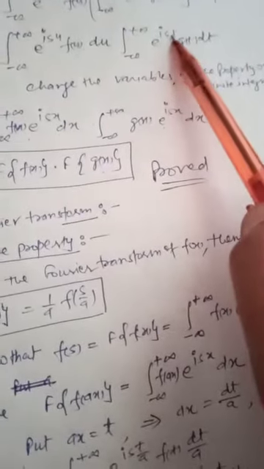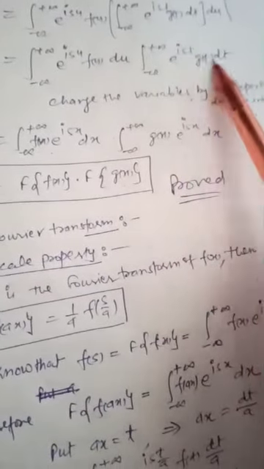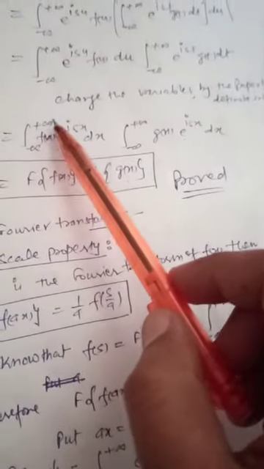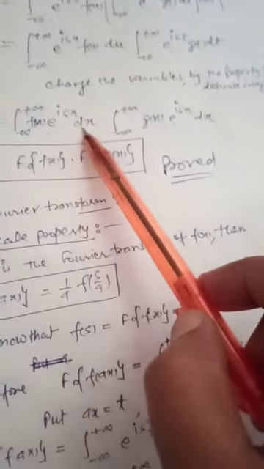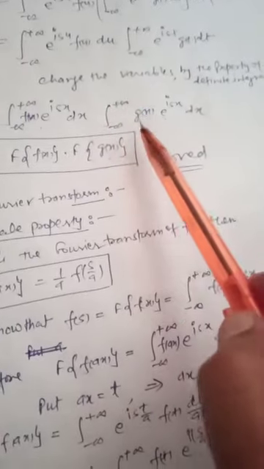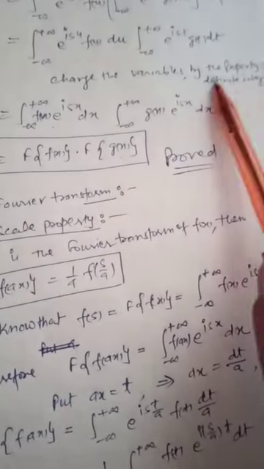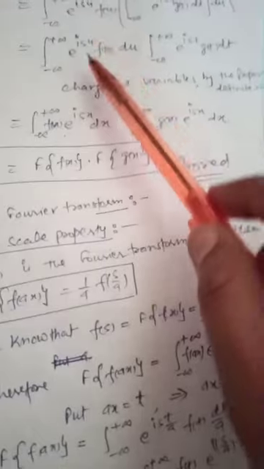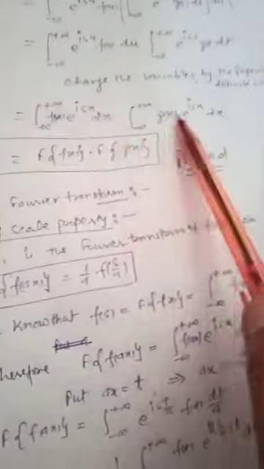If you replace again the g of t, these two integrals are basically minus infinity to plus infinity f of x exponential iota s x dx, and minus infinity to plus infinity g of x exponential iota s x dx. By the property of the definite integral, if you change the variable, the limits remain the same, and the integral can be represented in this form.